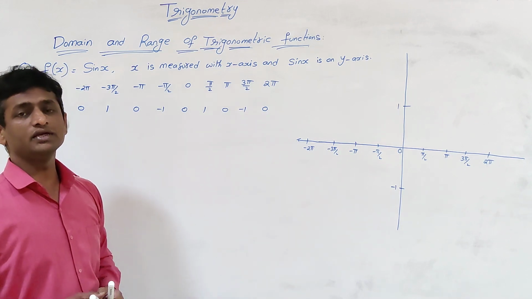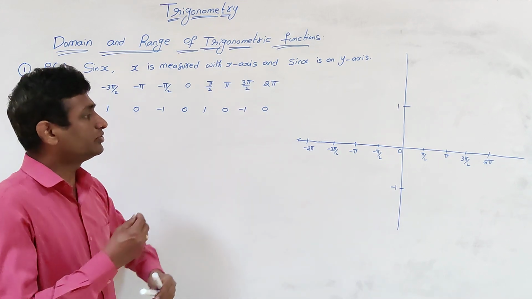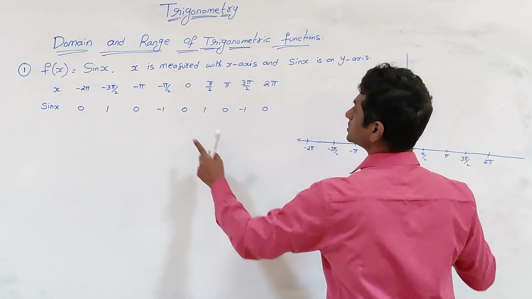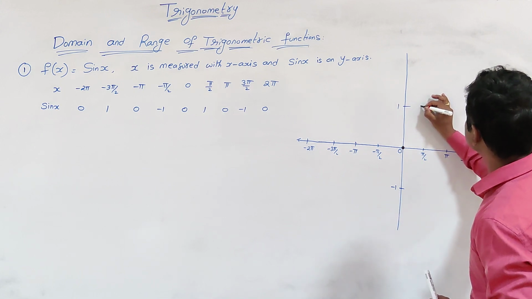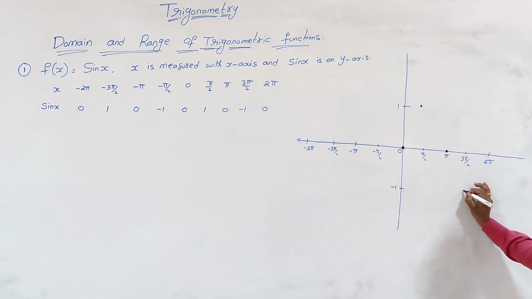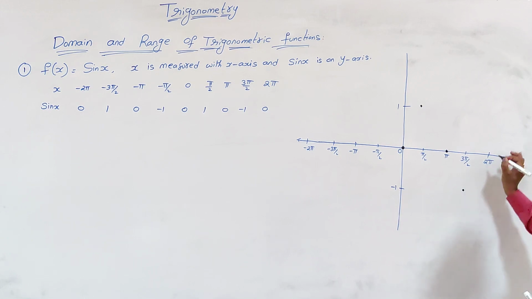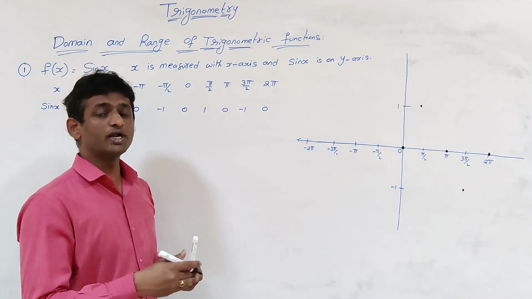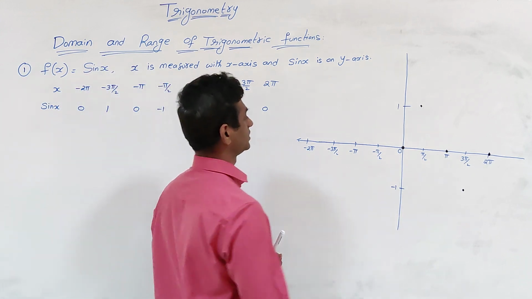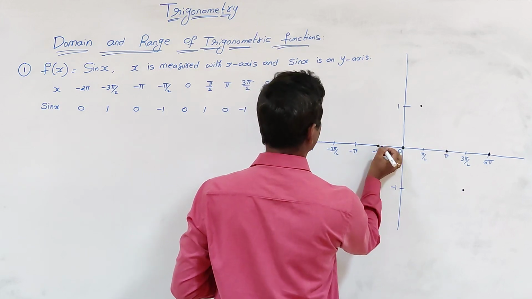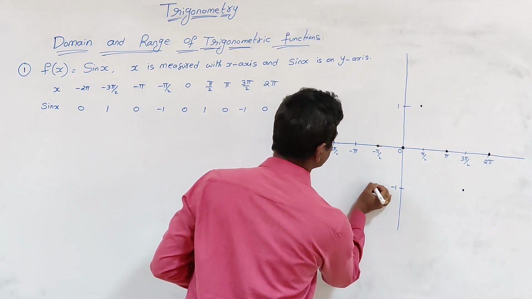Now if we plot the values, let's see how the shape will be. Sin 0 is 0. Sin pi by 2 is 1. Sin pi is 0. Sin 3 pi by 2 is minus 1. Sin 2 pi is 0 again. Now coming to the negative angles, if it rotates in the clockwise direction, what happens? Sin of minus pi by 2 is minus 1.